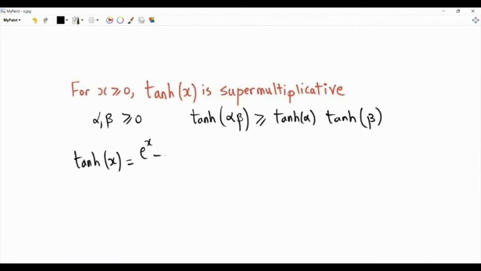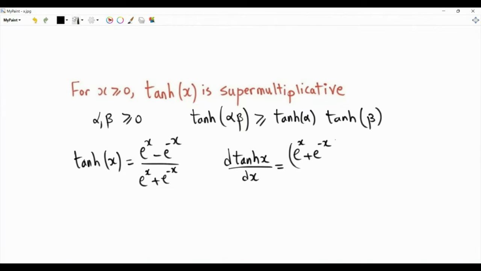The tanh function is e to the x minus e to the minus x over e to the x plus e to the minus x. The first derivative, so we'll differentiate the numerator. So this will be e to the x plus e to the minus x times the denominator.